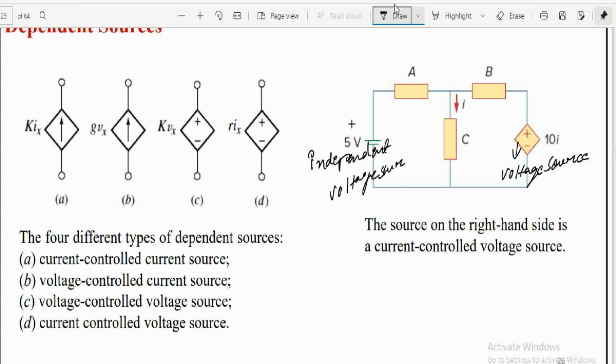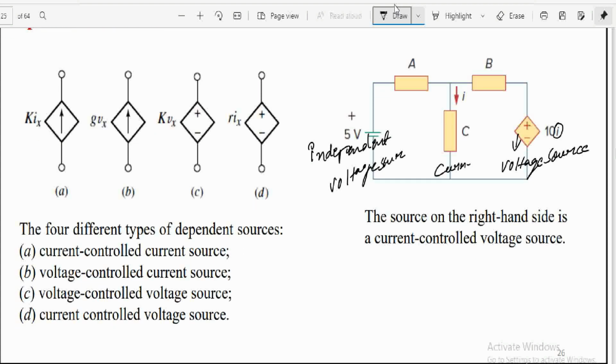But if you observe, here you have 5 volts, but here you have 10i. That is, this voltage source's value depends on some current. So it is called a current controlled voltage source. Current is controlling this value. That's why it is called a current controlled voltage source.